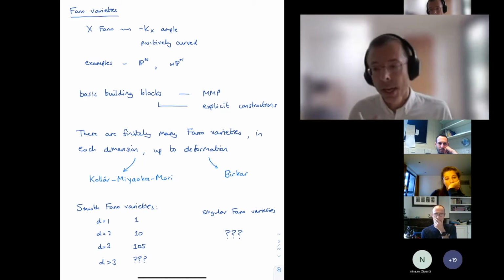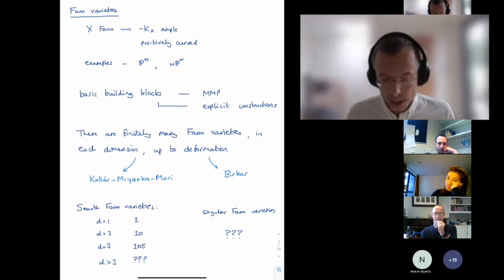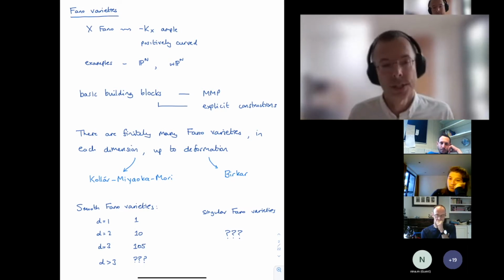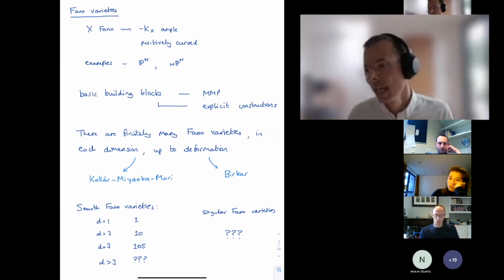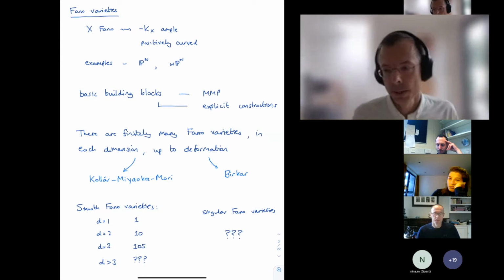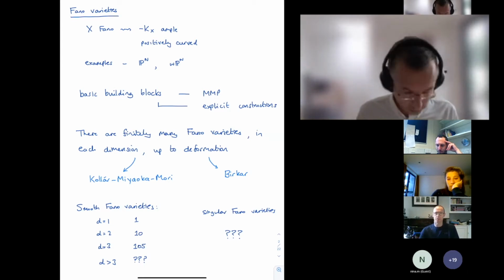And beyond that, we know very little. We don't really have a good understanding, even a sketch of the classification of higher dimensional smooth varieties. And if you relax the condition of being smooth, then we don't really know what's going on even in dimension 2. So there's lots to learn.